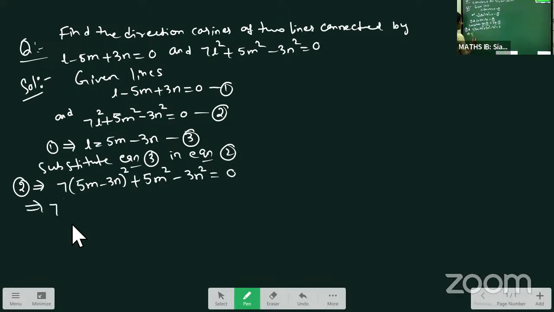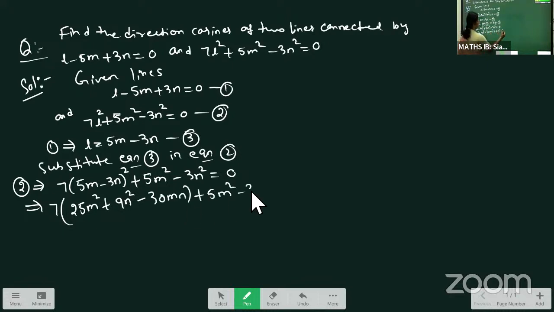7 as it is. Expand the inside term, a minus b whole square: a square 25m square plus b square 9n square minus 2ab, 2 into 5m into 3n. So it is minus 30mn, plus 5m square minus 3n square is equal to 0.